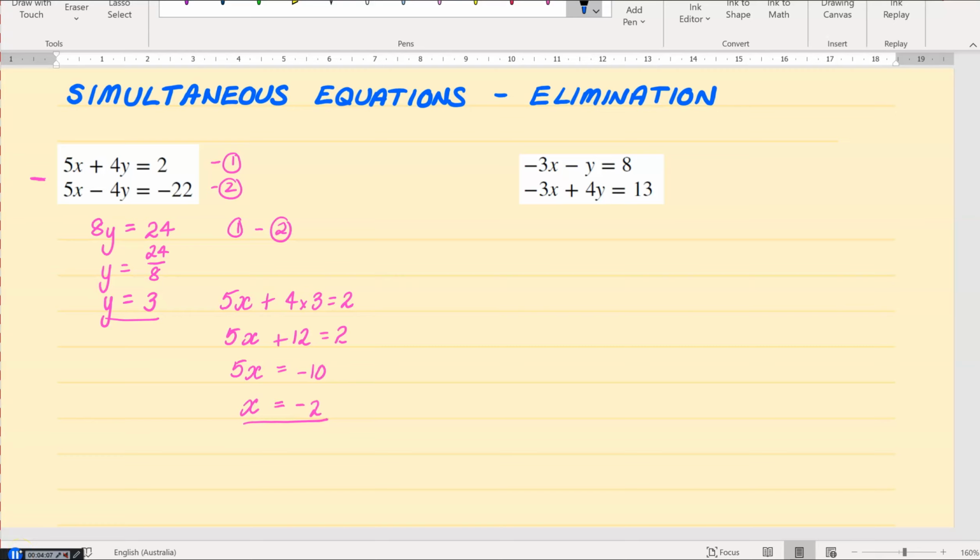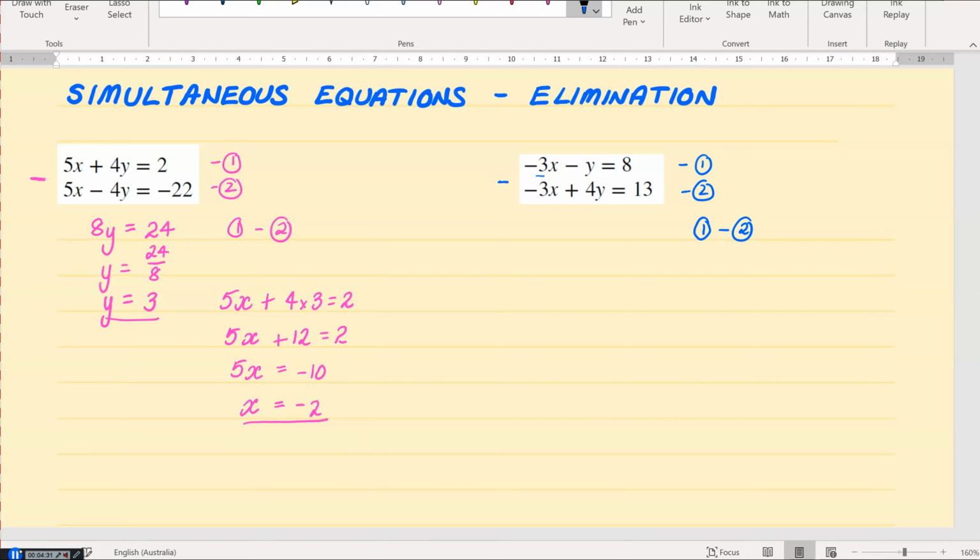We can see here that the numbers in front of x are the same. So once again, we'll do the same thing. Call them 1 and 2, and we have to decide, are we going to add the equations together or subtract? Now, if we added, minus 3 plus minus 3 becomes minus 6. And that's not eliminating, that's making it worse. So again, we're going to say 1 minus 2.